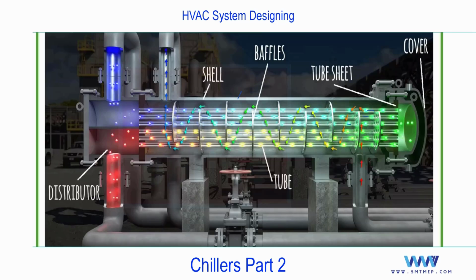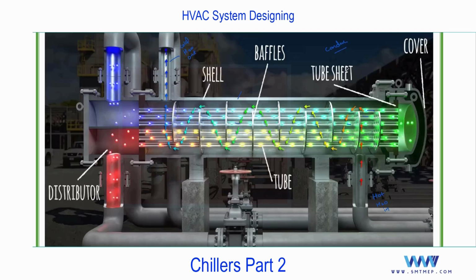So let me show you the water in and out first. You see here, this red color you can consider as hot H2O in, meaning hot water in. And this blue color you can consider as cold H2O out. In as hot and out as cold. It means this shell and tube I'm using as a condenser.